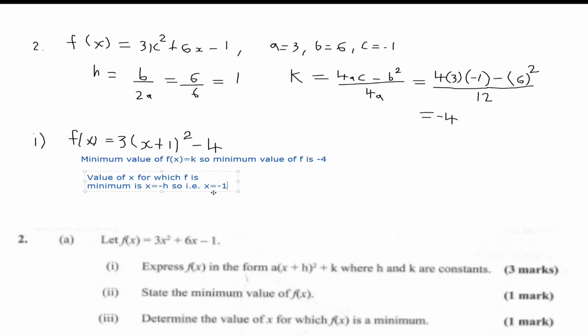That's the value of x for which f of x is minimum, negative 1. Nice and easy. So that's part 2 and part 3 done and dusted, nice and easy. Now let's continue.